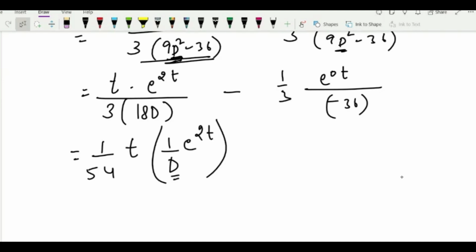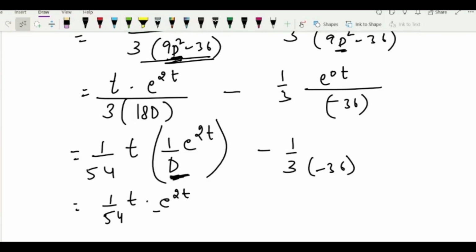So 1 upon D stands for integration. So integrate e raised to power 2t, which is equal to e raised to power 2t upon 2. This will become plus 1 upon 108. So here we get PI.